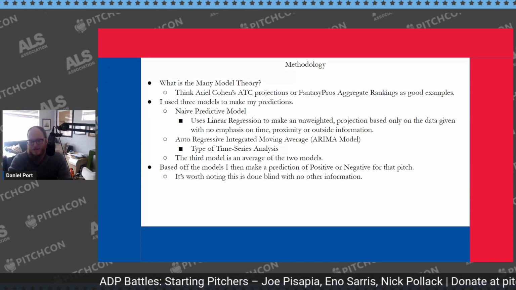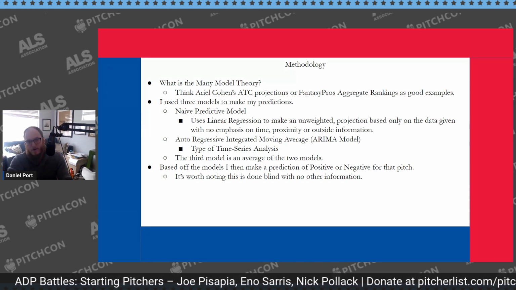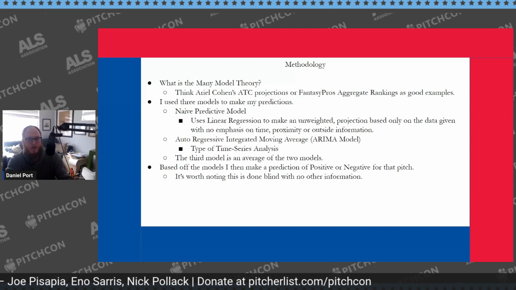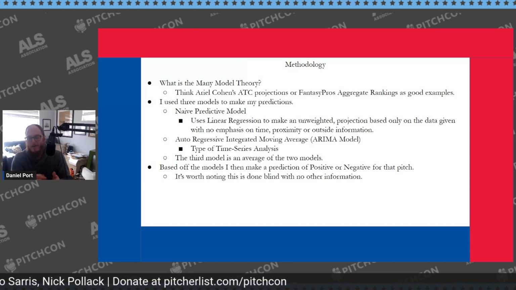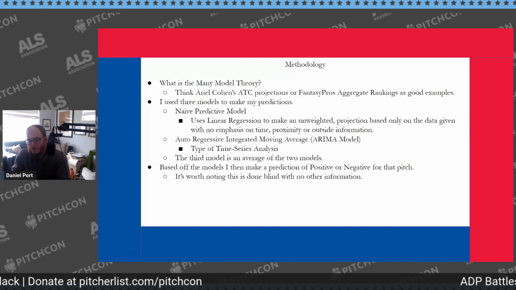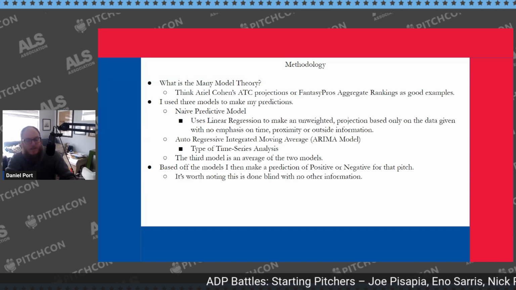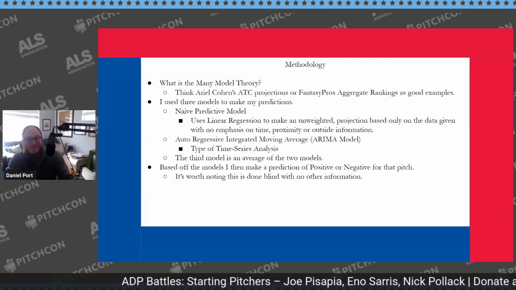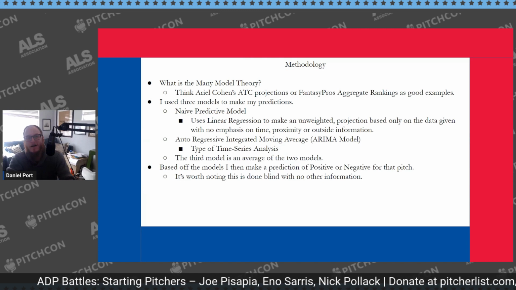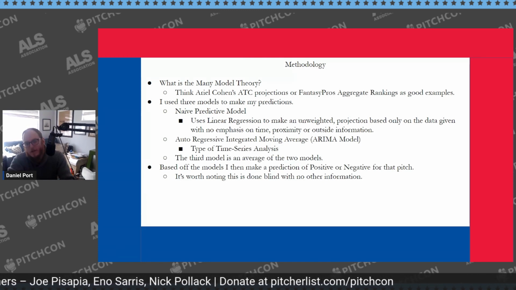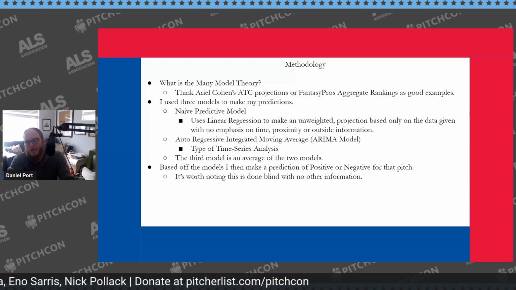One of the things that's really important to me and to a lot of statisticians is this concept called the many model theory. It's the idea that anytime you combine multiple models that aren't telling you the same thing, that aren't redundant, is the word you'll see used, you're going to get a more accurate picture and more accurate information than if you used any one model in isolation.